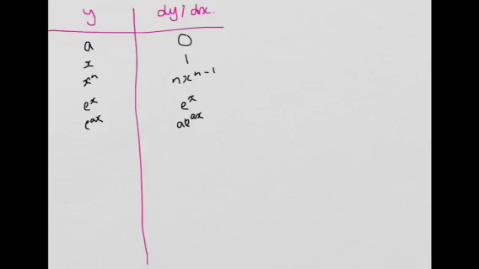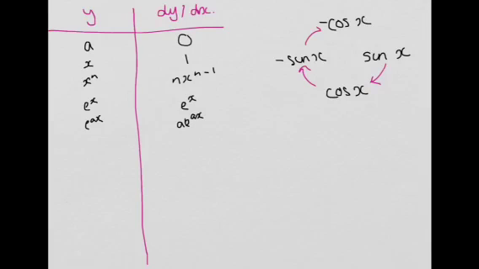I also have what happens if I have sines and cosines and things like that. So I'm going to just write this kind of loop. And here, if I'm differentiating things, I'm going to go around this clockwise.